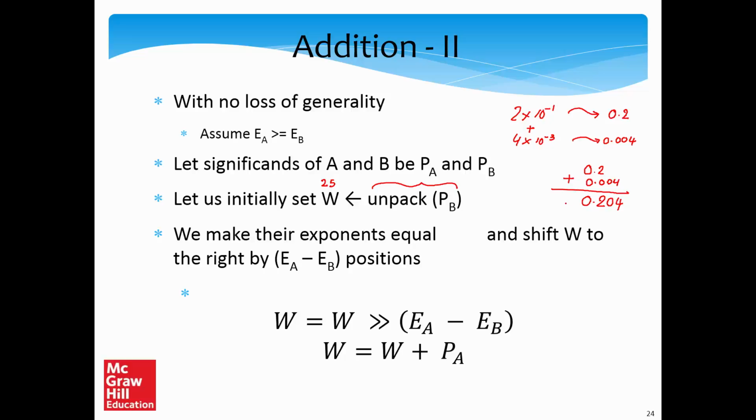There's also another way of looking at this. In this case, the exponent of this, minus 1, is greater than minus 3. So instead, I can write this as 2 times 10 to the power minus 1. No problem with that.